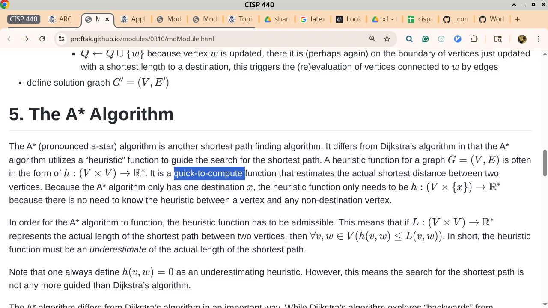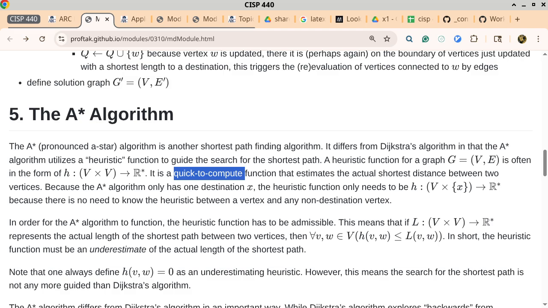So if you want to be lazy and have the easiest possible heuristic function, you can map everything to zero. Okay, in which case the A star algorithm degenerates into Dijkstra's algorithm. So the behavior would be the same because none of the expansion of the vertices is going to be, quote unquote, informed, because the heuristic is zero for everything.